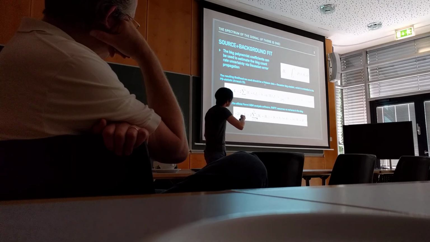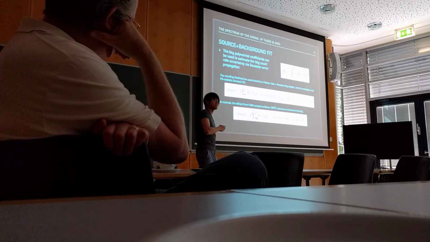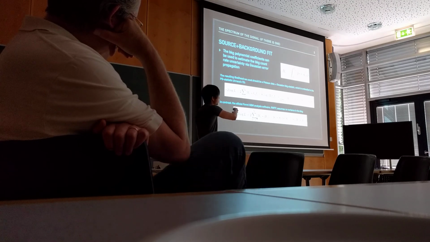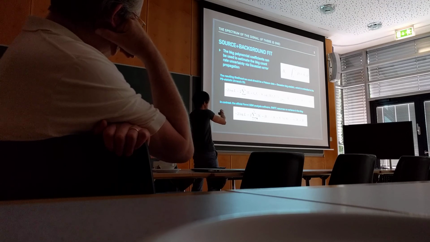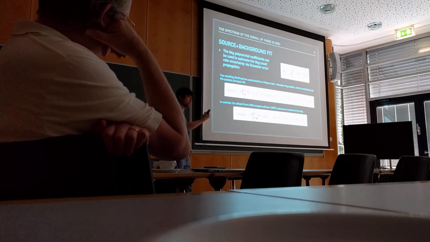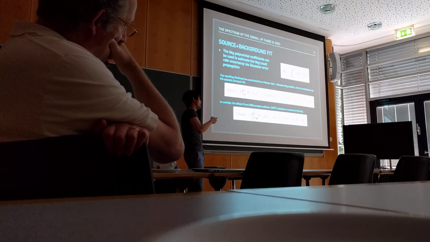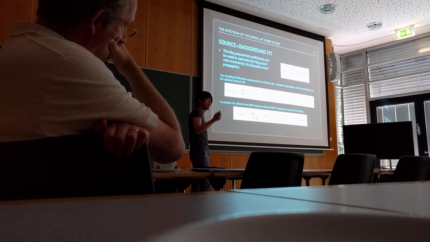So we have to use the statistic which incorporates Poisson data and Gaussian background, and this is embodied in the so-called PG stat. This is the equation we have to minimize when we try to determine the parameters of the source.